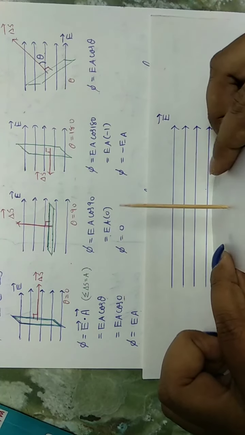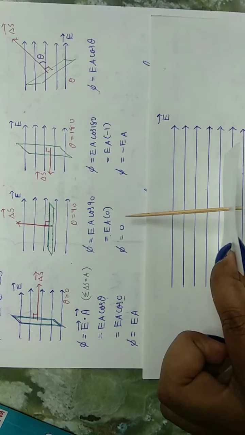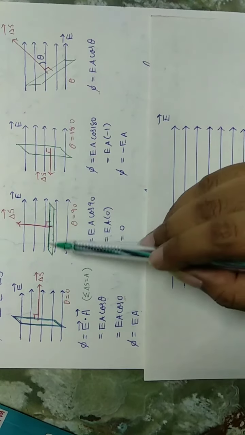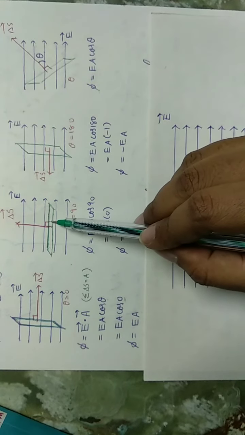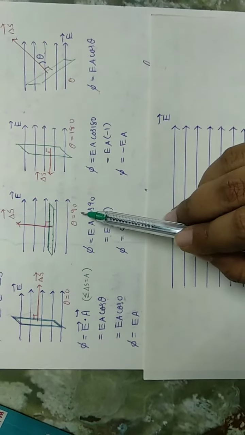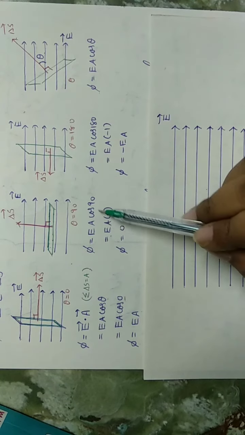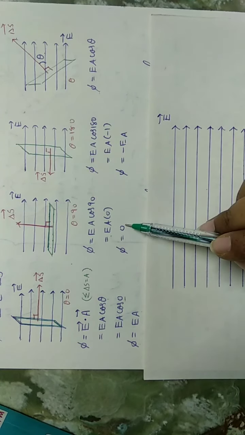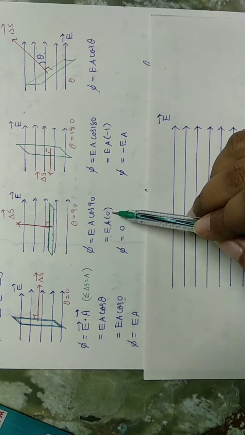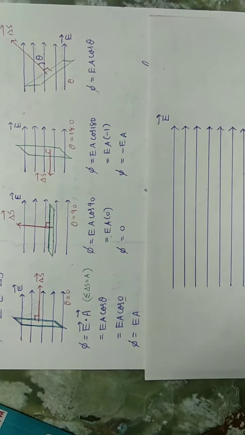The area vector is becoming perpendicular to the electric field. Just see here, this is the area and this is the area vector. So the angle between electric field and area vector becomes 90. And if you substitute the value of theta, then you are going to obtain flux is equals to 0, as cos 90 is 0.